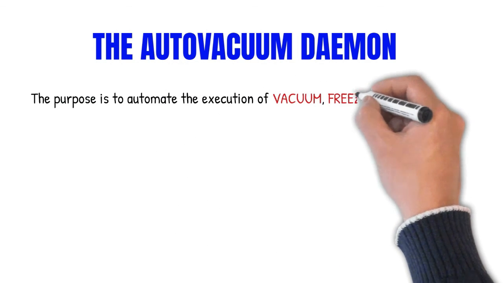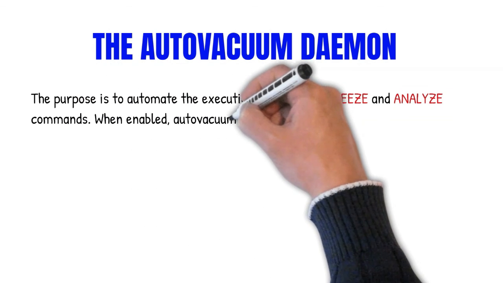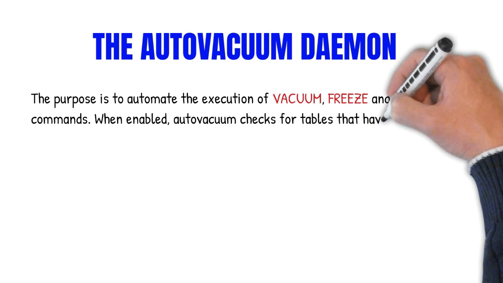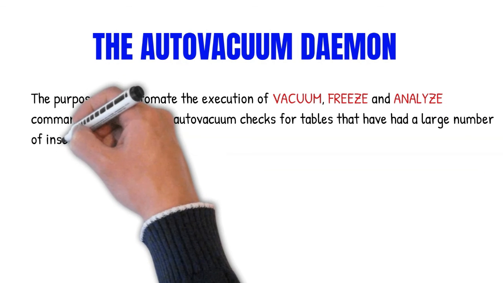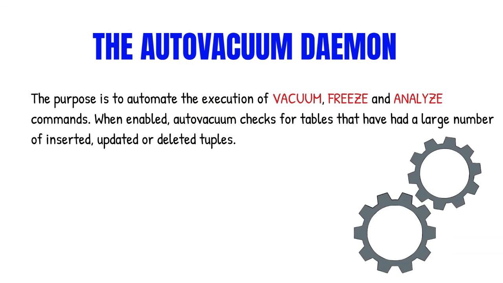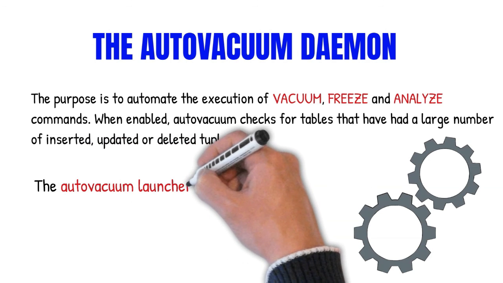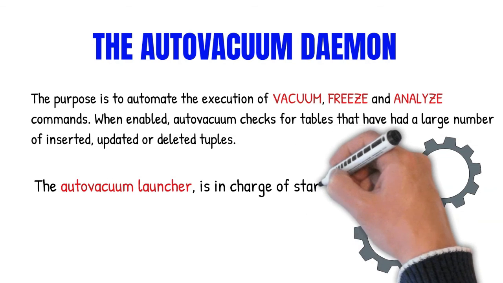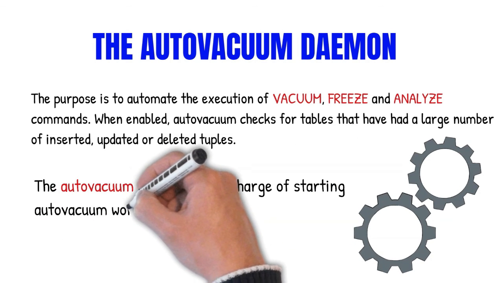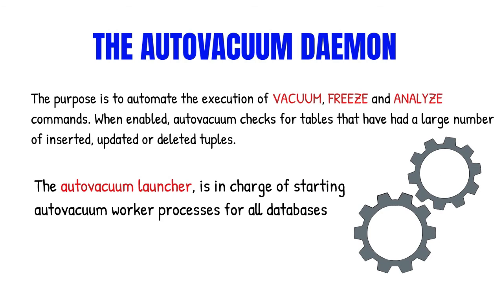Its purpose is to automate the execution of the vacuum and analyze commands. When enabled, auto vacuum checks for tables that have had large enough inserted, updated, or deleted rows. The auto vacuum daemon consists of multiple processes. There is a persistent daemon called the auto vacuum launcher. As the name suggests, it is in charge of starting auto vacuum worker processes for all databases.